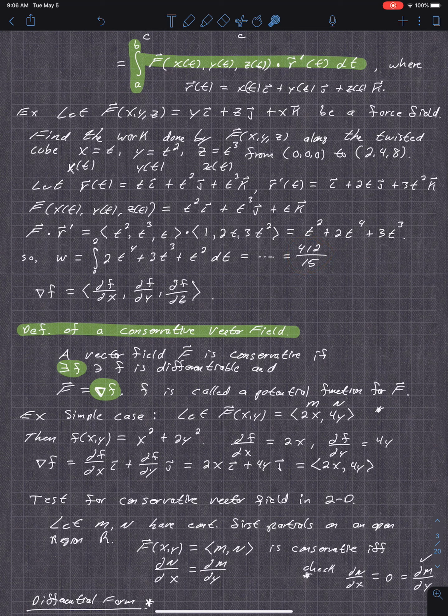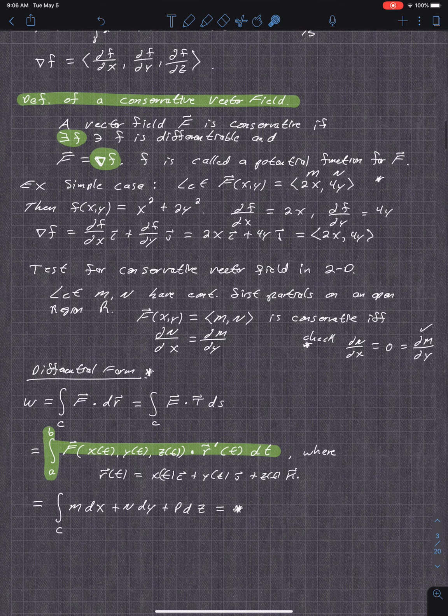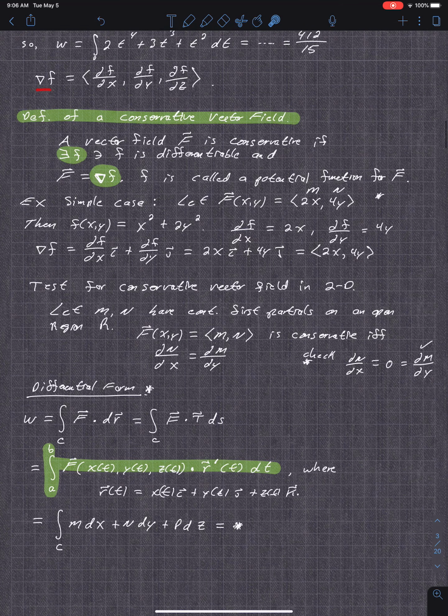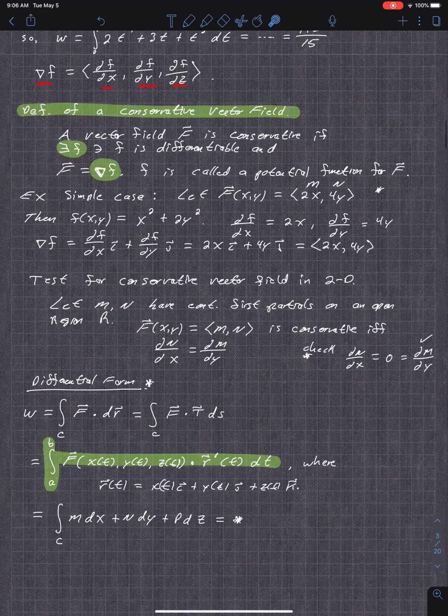Okay, next. First, I want to define the gradient of f. And I don't see any other description in my notes here. Okay, so del f means this. The del is like an operator.